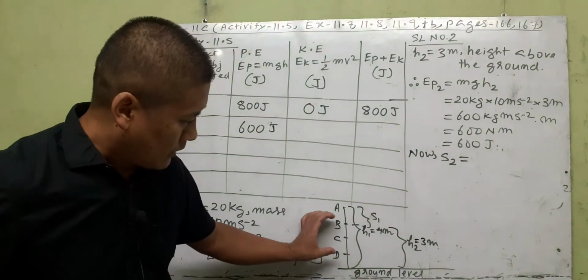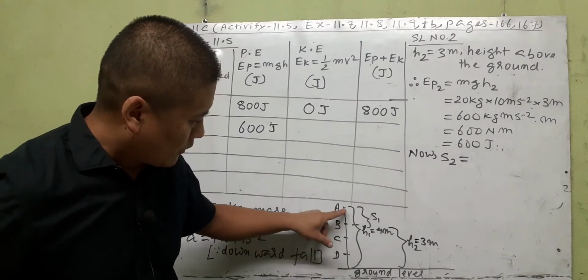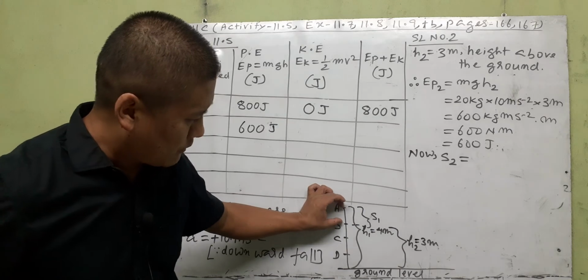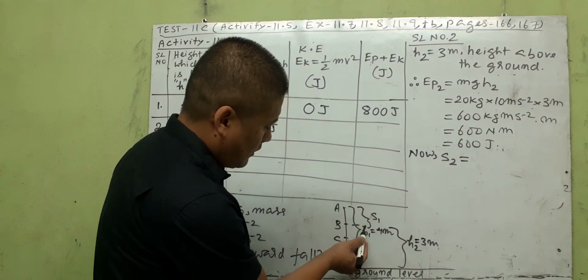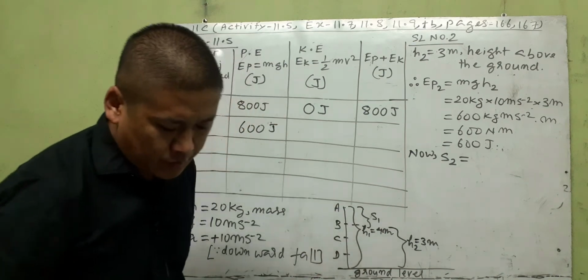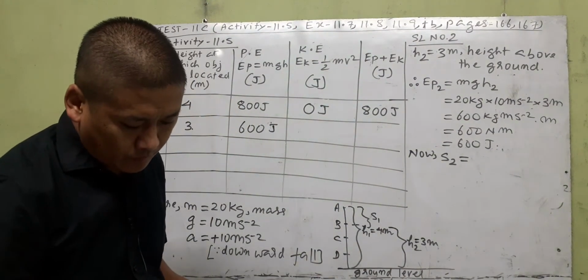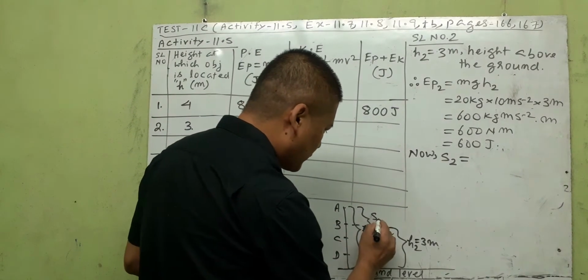Now you see here, when it is at 3 meters above ground, the object has fallen from A to B, meaning it has traveled this much AB distance. So this is S1. Sorry, let us just put it as S2, the corresponding one for case 2.